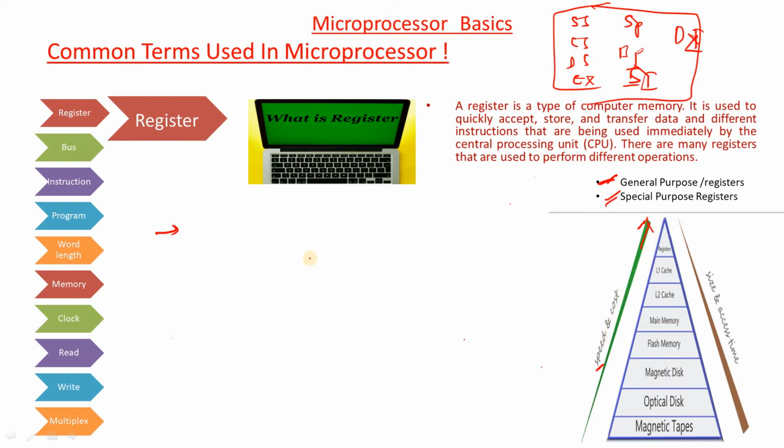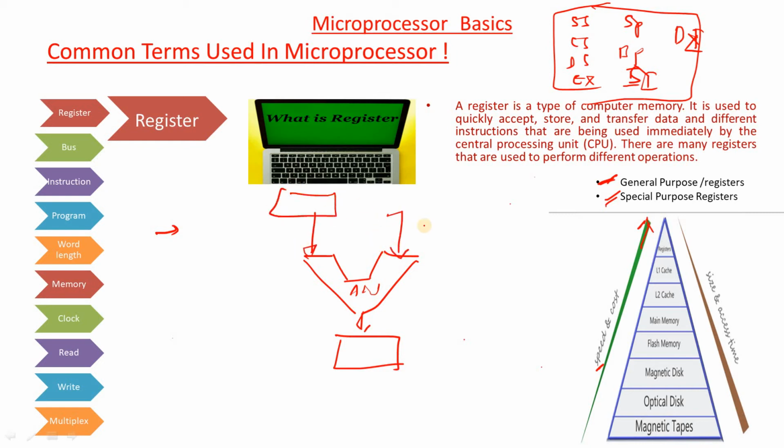Suppose you want to execute any operation with the help of ALU, like this is the ALU. With the help of ALU, we are going to generate some result. So for calculation purpose, you need to receive two register values, that means register 1 and register 2. With the help of this ALU, we calculate that particular operation.